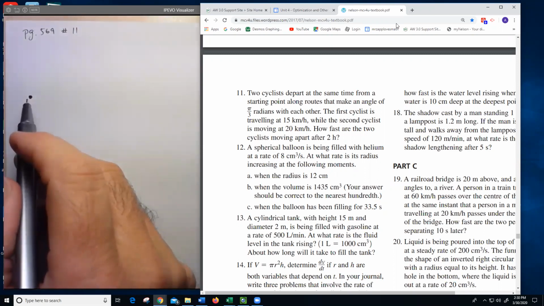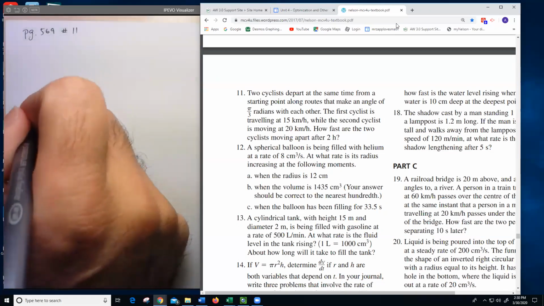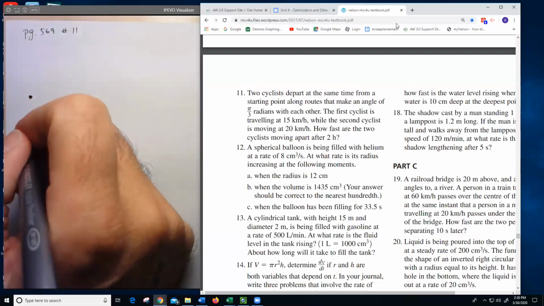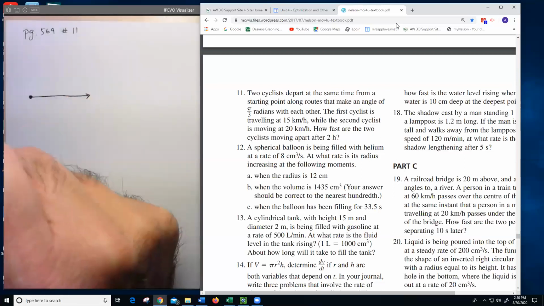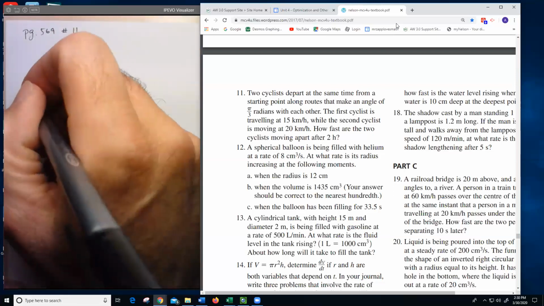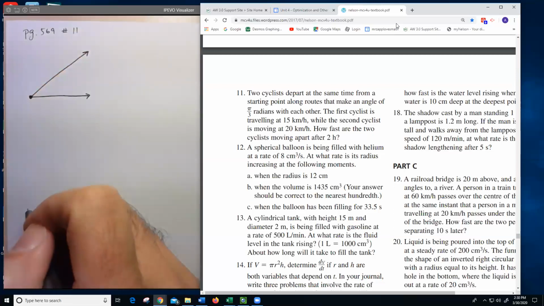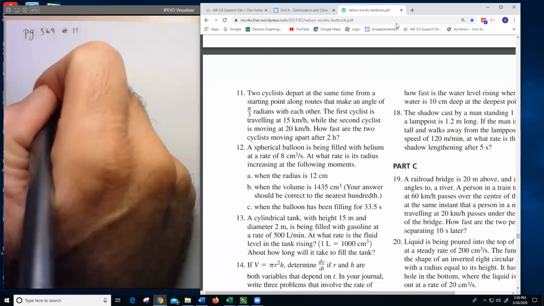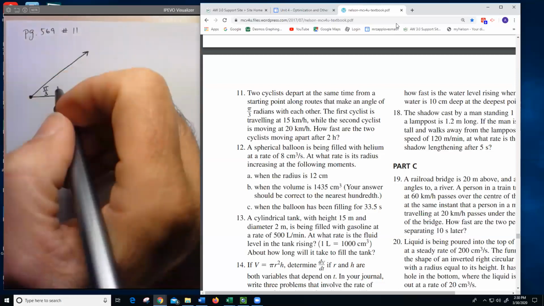Okay, so the first cyclist is traveling at 15 kilometers an hour, so they don't specify in what direction. The only thing that's important is the angle between them, okay? So how I draw this, let's say I draw this first person here, and then the other person at pi over 3, they're traveling a little faster, so I'll make that a little longer.